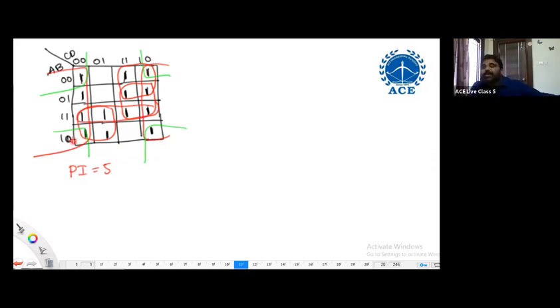Subgroupings are not prime implicants. Corner grouping, Annapurni, please check it. See, if you are observing the corner grouping, yes, you can group, but it is not a prime implicant. Why? For these 4, there is a possibility of expanding to 8. Or these 4 are a subgrouping of the octave. Subgroupings are not prime implicants.